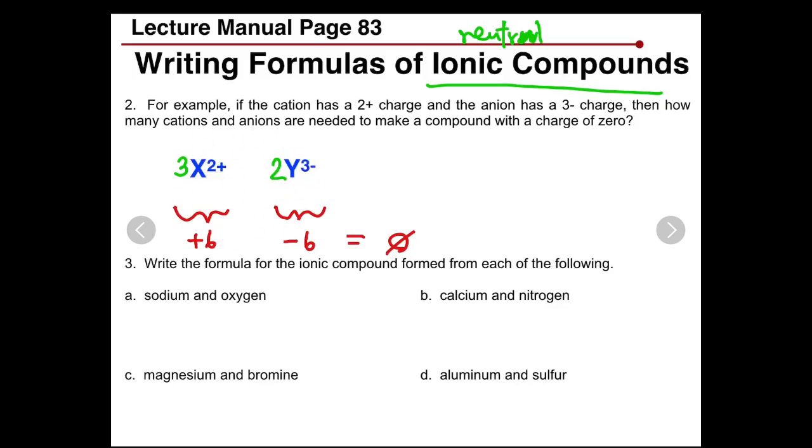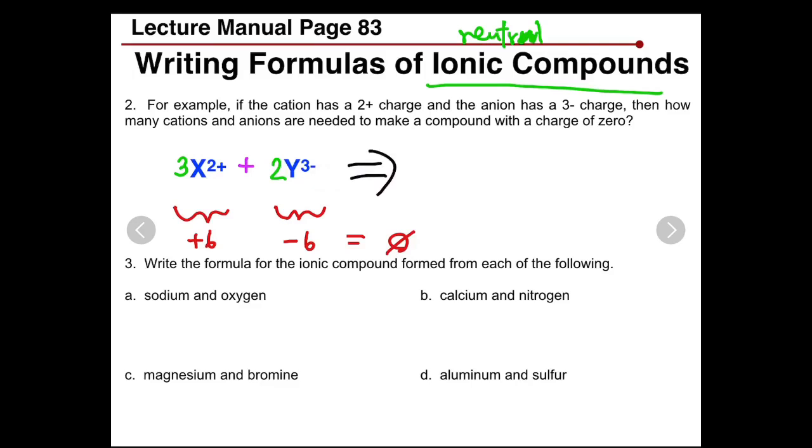You are going to end up adding these two together. When you add these two together, this is not the chemical formula yet because they are not neutral yet. You still have separate positive and separate negative charges. So the correct chemical formula can actually be written in this form.